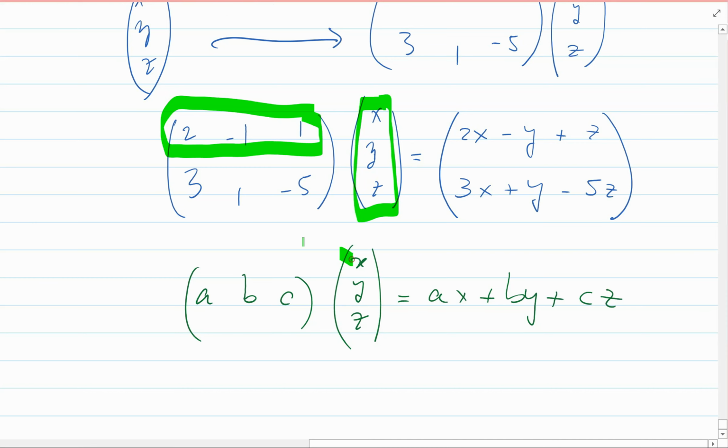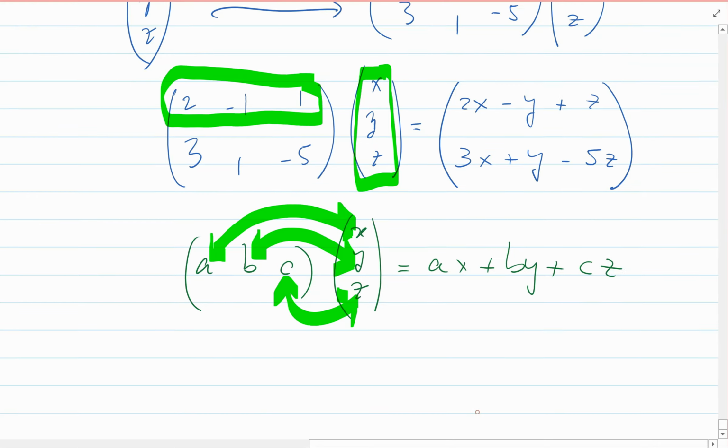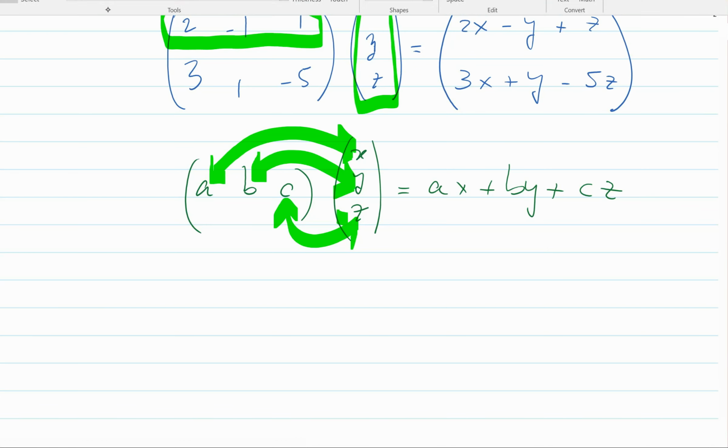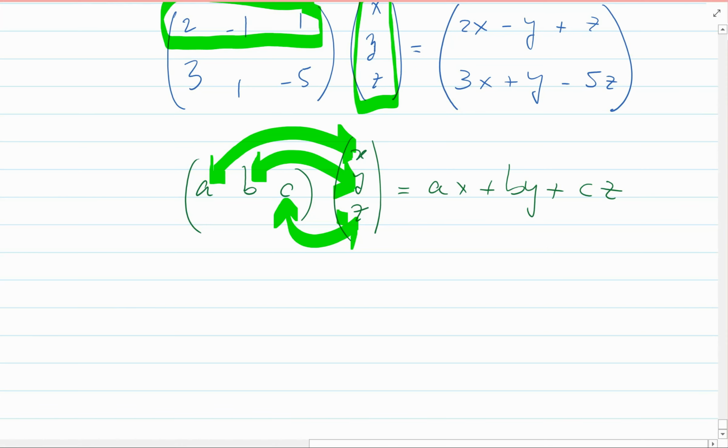So we have this one times this one, and this one times this one, and we add them. This should remind you of the dot product of vectors in R3, sometimes known also as the scalar product.